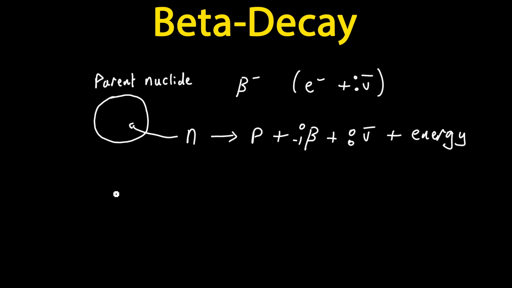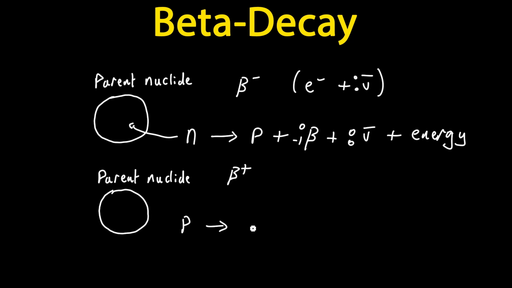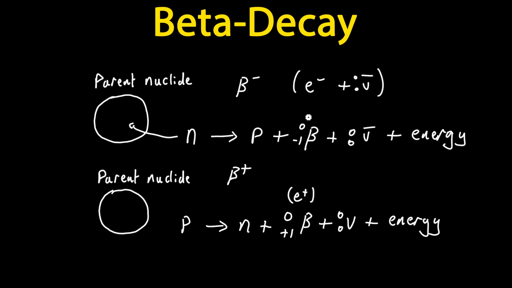If we have another parent nuclide here that is undergoing beta positive decay, then we have a proton in the nucleus somewhere getting converted into a neutron, and a positron is ejected from this nucleus. And we can write this like this. We also get a neutrino being ejected at the same time, plus some energy. So this is a positive electron, and that's a normal electron.